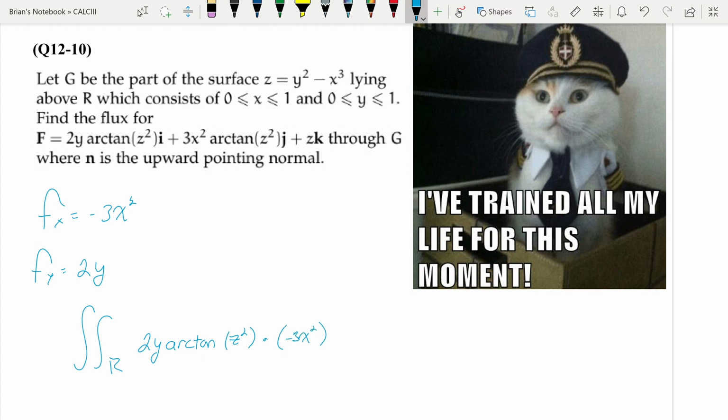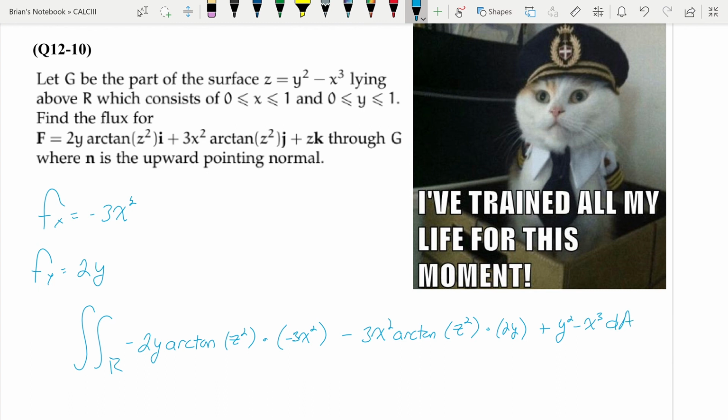And then we'll get minus, and I guess there should be a minus sign in front of that, shouldn't there? Minus we get 3x squared arctangent of z squared times our f of y, which is 2y, plus our p, which is z, but it's not z. Z is equal to y squared minus x cubed, so y squared minus x cubed dA.